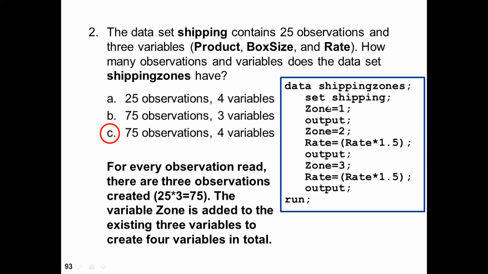So for every observation, it reads 3 observations created, 25 into 3 is 75. The variable zone is added to the existing 3 variables to create 4 variables in total, hence 75 observations and 4 variables.